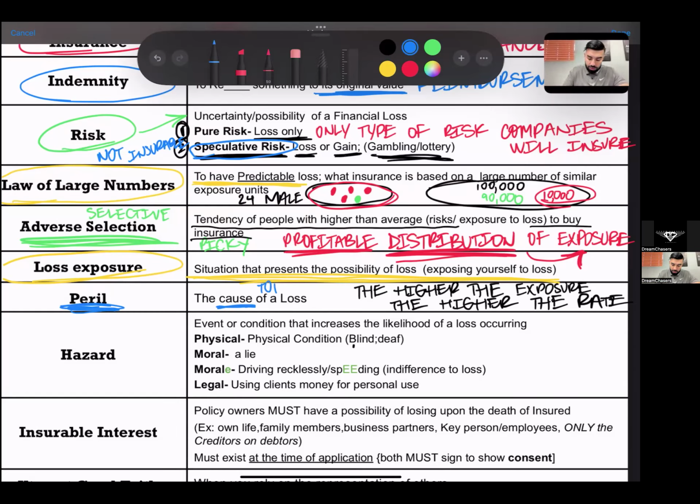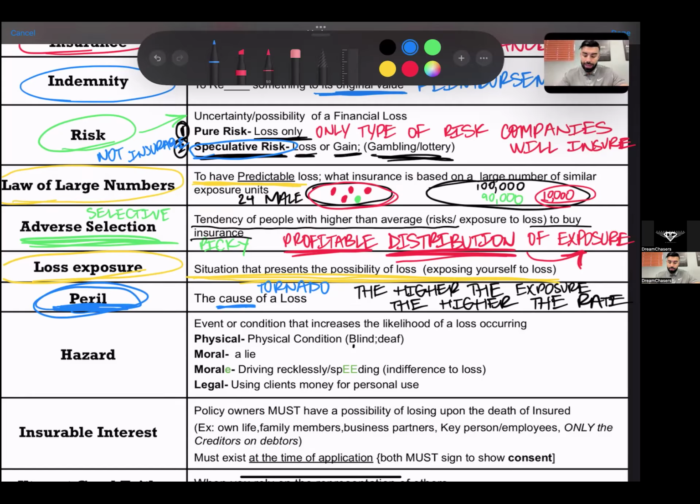So a tornado that tore down a house. What was the cause? In other words, what is a tornado considered? Well, the tornado is considered the peril because it was the cause of the house being torn down. Okay, so peril, another word for cause.